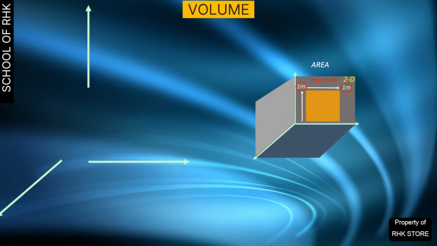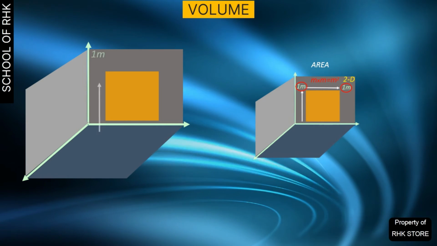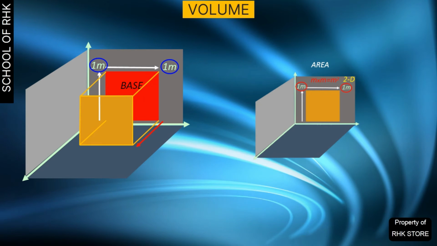The general formula to measure the volume is to find the area of the original 2D shape that got extended and then multiply that by the length or distance that it was extended. Normally, the original shape is called the base of the object.